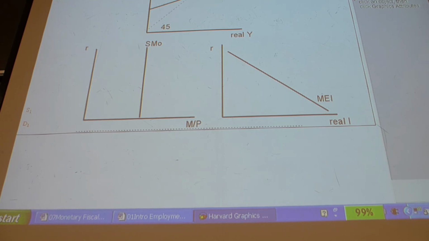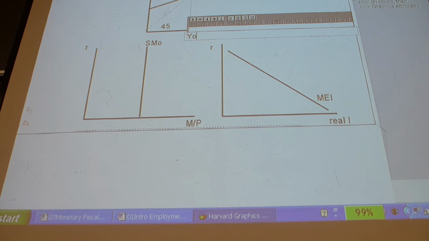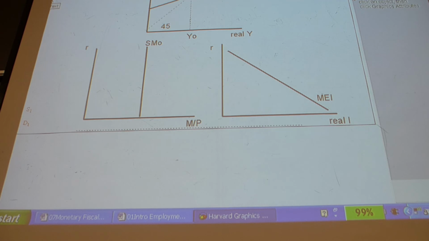Plus the marginal propensity to consume times Y, like that. So this is our usual aggregate expenditure function, I just separate out this thing here. And this gives us Y0. And Y0 gives us the demand for money, if we know the parameter of money, and the demand for money is a function of the interest rate.